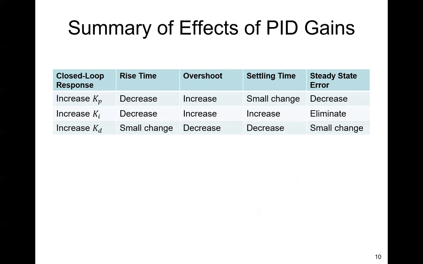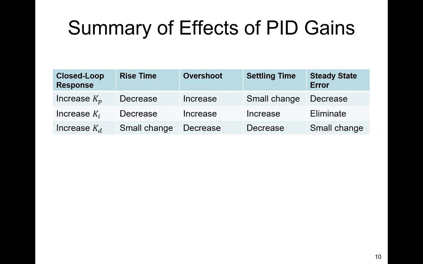So I added the table to summarize the effects of the three parameters. Increasing Kp decreases rise time, increases overshoot, and decreases steady state error. That is, you're controlling harder, so you're pushing harder on the system. Increasing Ki decreases rise time, increases overshoot, similar to Kp, and increases settling time, and eliminates steady state error. So that's important.